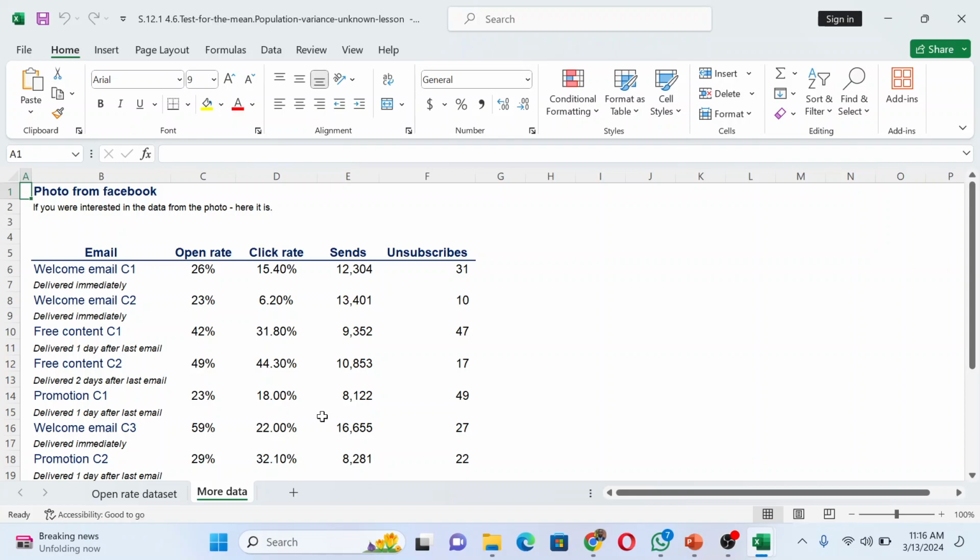The average open rate of your emails has been less than or equal to 40%. Therefore, as an analyst, you are trying to tell him, no, let us test to know if this is true or not, because for him, he has just mentioned it.